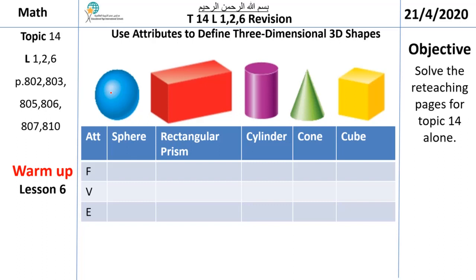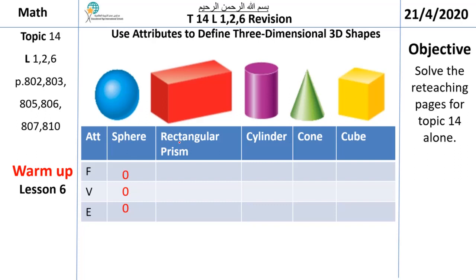Like the ball, is there any part of it flat? No, it's all curved, right? So the sphere's FVE, the faces, vertices and edges, are all 0, 0, 0. Also for the sphere, okay?